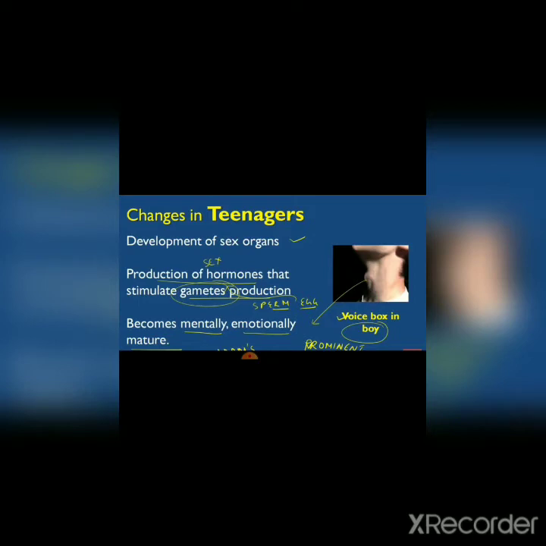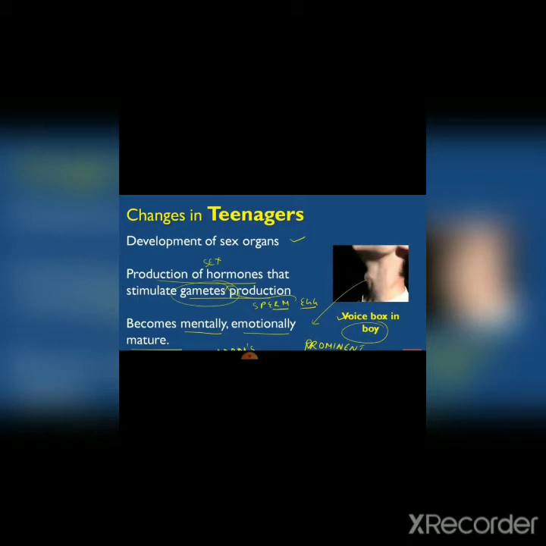They start to produce sperm, isn't it? Due to the secretion of this type of hormones, gamete production will start. That means sperm will start to be produced in boys, and in girls the ovaries will start to produce eggs. They become mentally and emotionally mature in this age.